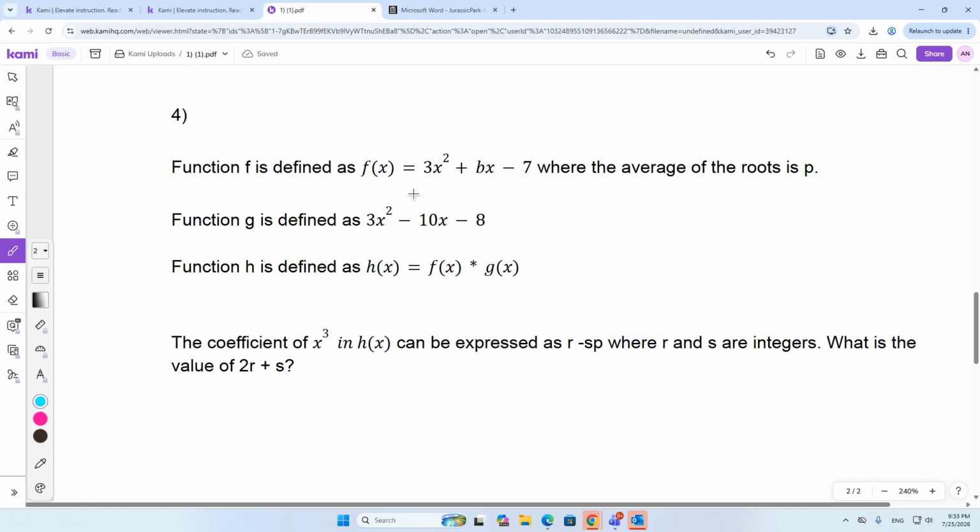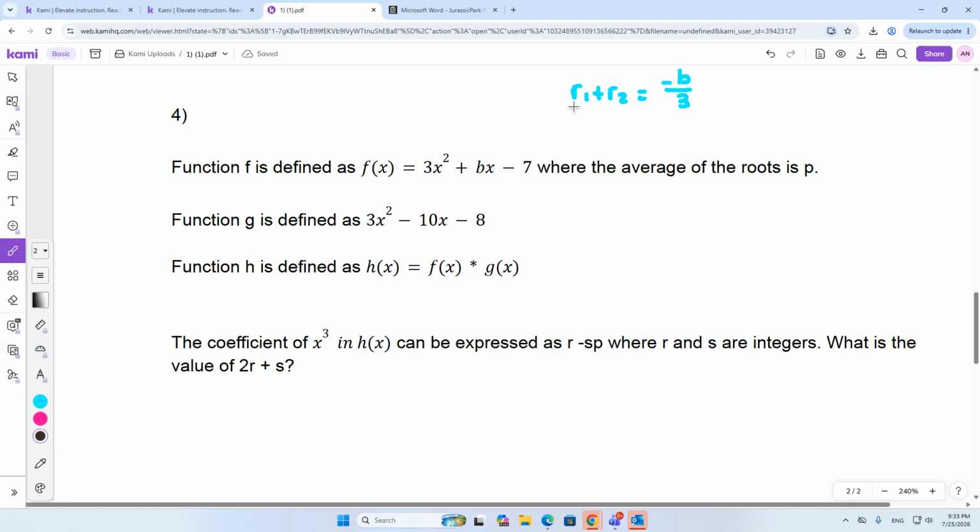All right, function f is defined here where the average of the roots is p. So, what is, guys, the sum of the roots, right? So r1 plus r2, the sum of the roots equals opposite, right, b over a, right? But I want the average of the roots, okay?